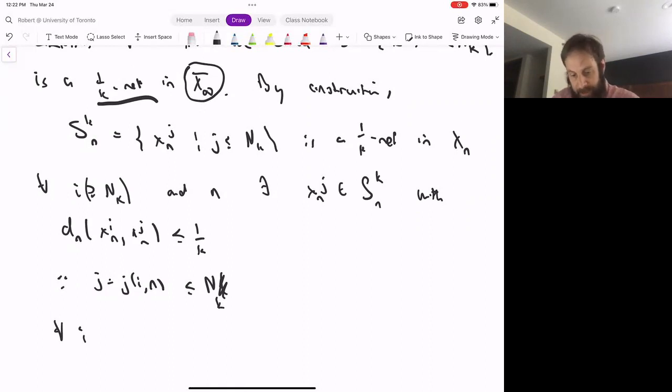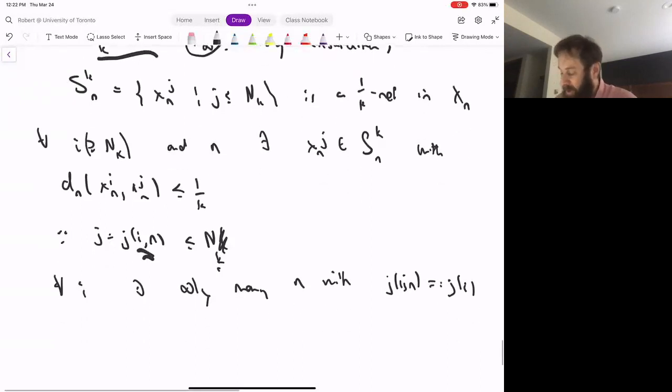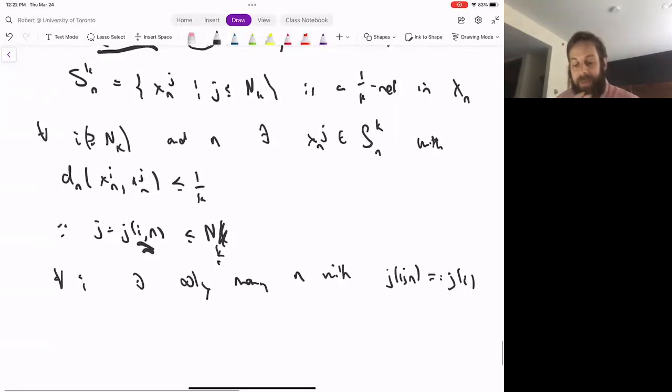For every i, there exist infinitely many n's with j_i^n being equal to j_i. So the pigeonhole principle says that as n goes to infinity, these j's are all bounded, and so infinitely many of them must fall into one of the classes, and let's call that the j_i'th class.